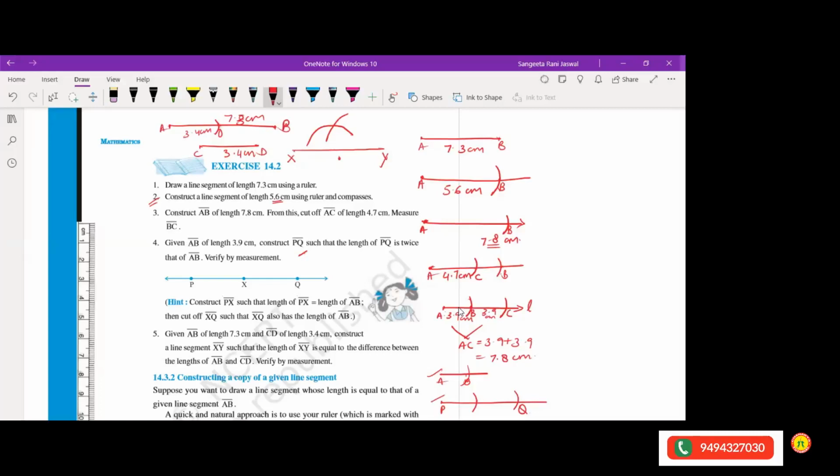Open your compass here from O to B. Then pick your compass and keep the compass needle on point X. Whatever measurement this was of O to B, mark that arc here. Mark that OB measure on this XY.